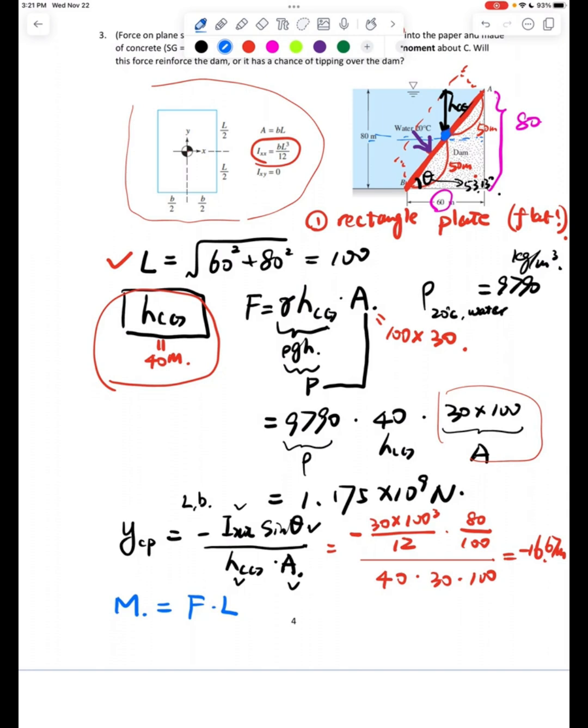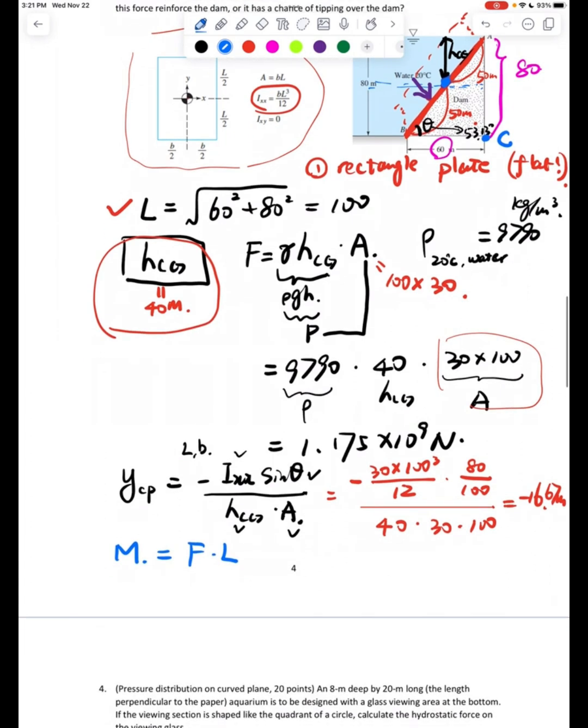It will act around the corner C. If you think about it, if you put your hand there, you will find this force actually acts counterclockwise, which will reinforce the dam, right? Then this problem is solved.